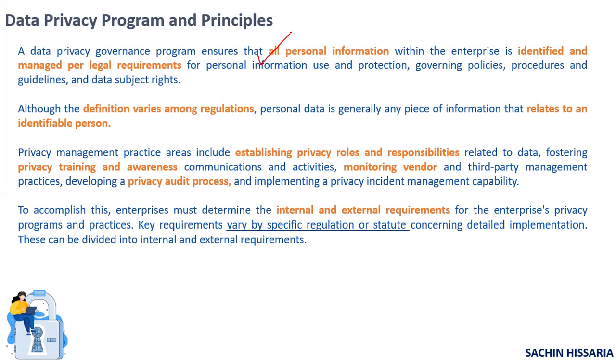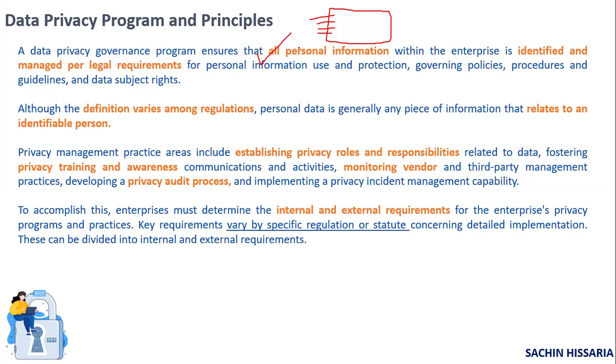For example, if I am a telecom company, I will identify all my channels from where I am getting personal information, whether it is customer onboarding, employee onboarding, or vendor onboarding, whatever the reason through which you are collecting personal information.